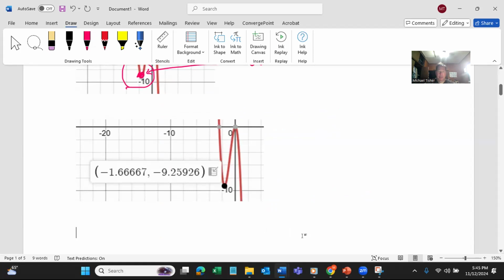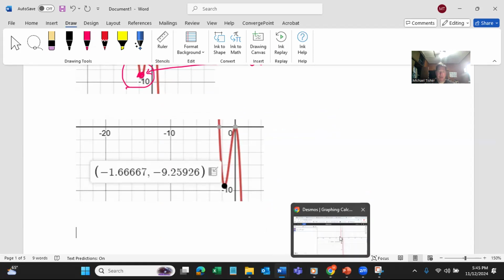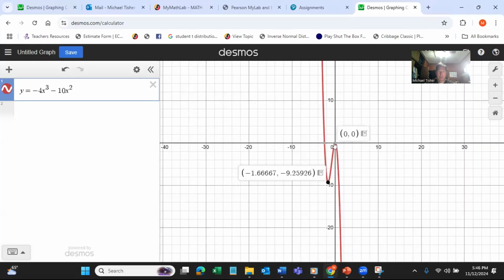All right, and let's go ahead and get down the local maximum while we're at it. And here it is. Looks like it's 0.